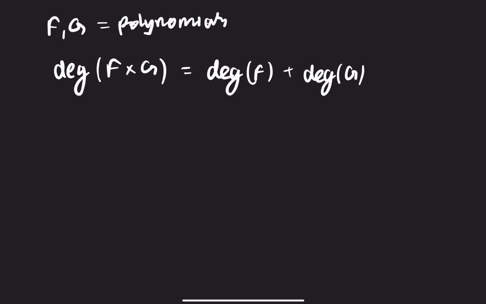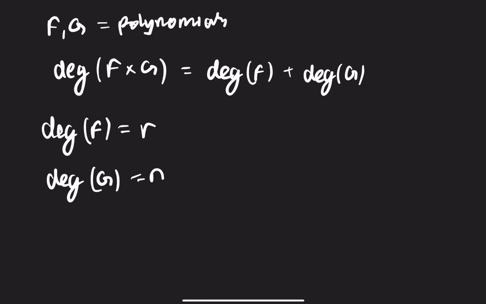Essentially, why this is true is because if you think about it, let's say that the degree of f is r and the degree of g is n.